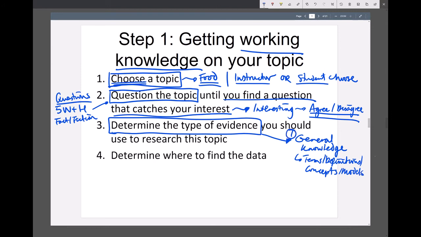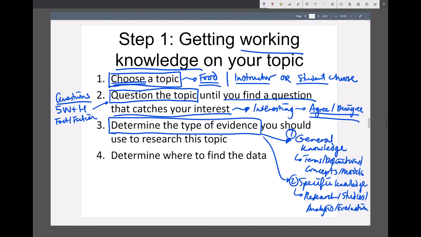So that's one type, and then the other type would be specific evidence, specific knowledge. So that's your research, your studies, the analysis of things, and any evaluation, review of things. You want to determine what type you should use to research the topic, but generally you want to start with general knowledge, especially if you don't know anything about the topic.